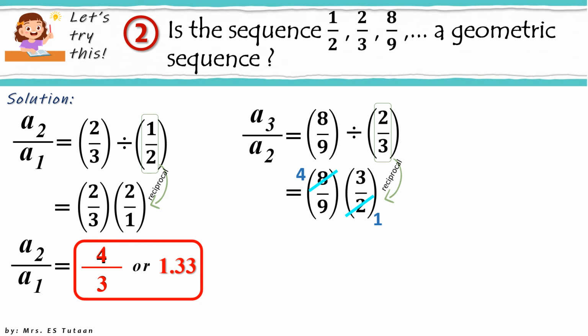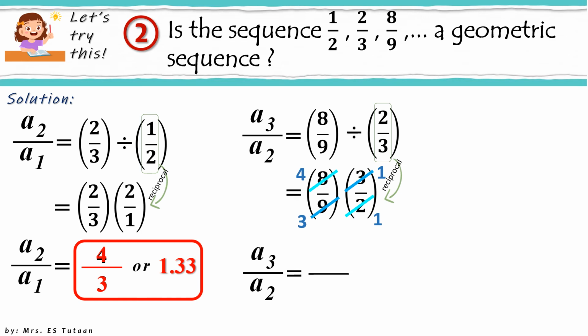What about 3 and 9? Ang 3 and 9 ay may common factor na 3. So, 9 divided by 3 is 3, and 3 divided by 3 is 1. So, dahil nag-cancel out na tayo ng common factor, yung mga naiwan na numbers, yun na lang yung multiply natin.